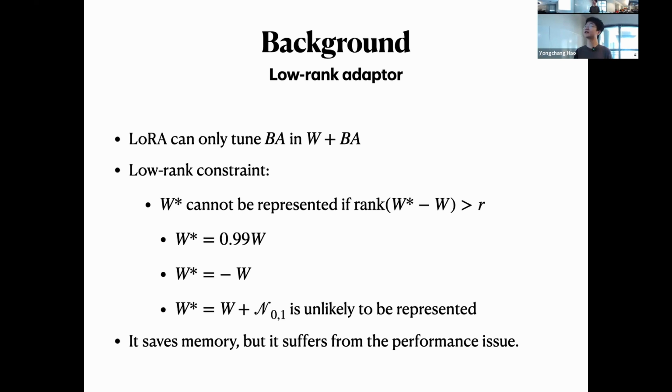And this includes very simple examples, like if W star is some scaling of W and W is full rank, then you cannot represent it. And also negation, the same thing. And even a random perturbation, you cannot represent it. You're unlikely to represent it with LoRA. So this means that although it saves memory, it suffers from the performance issue because the capacity of the model is restricted.